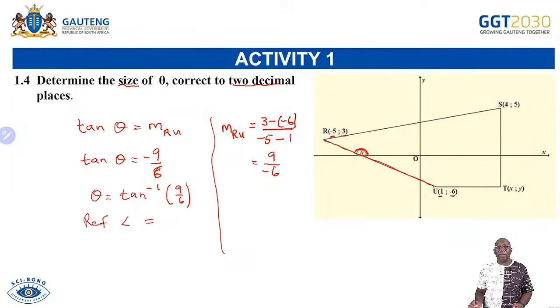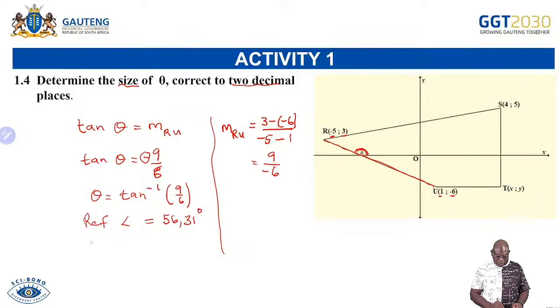Please do not write theta. You're confusing the markers, because the markers are looking for theta and you've written theta in the wrong place, which is a reference angle. So what do we write? We write a reference angle. When we have a negative in there, we're going to write a reference angle, and my reference angle is going to be 56.31. Remember, they said correct to 2 decimal places.